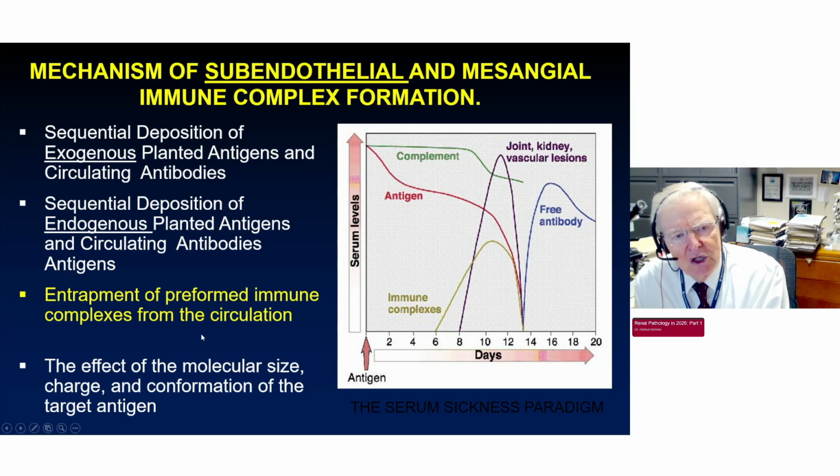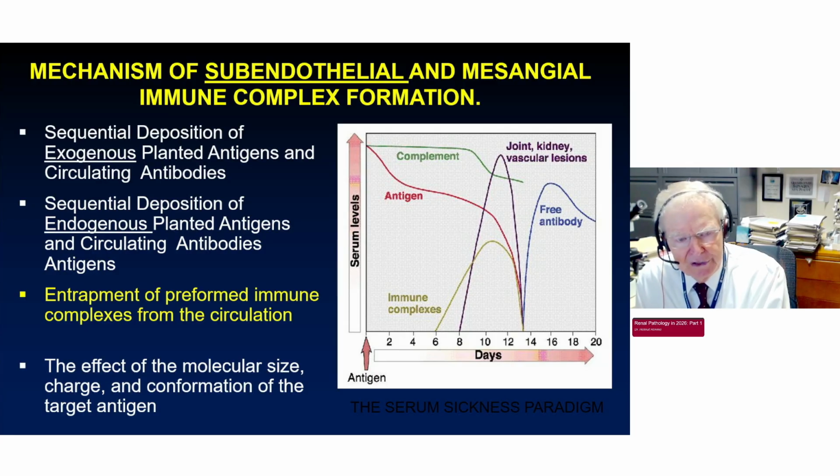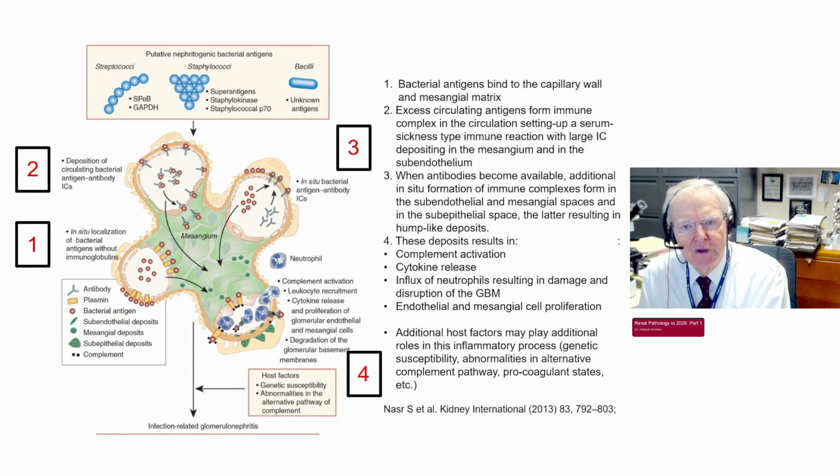Usually large circulating immune complexes get entrapped in the subendothelial space in the proximal layers, and hence the injury to the endothelium with the resultant active inflammation and potentially thrombosis.